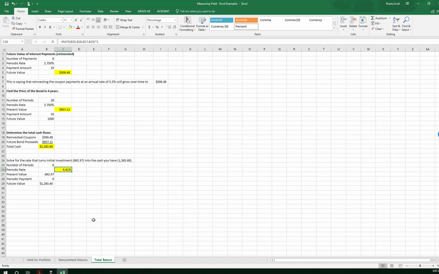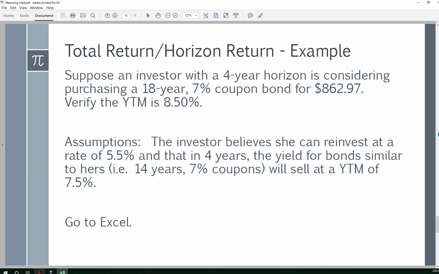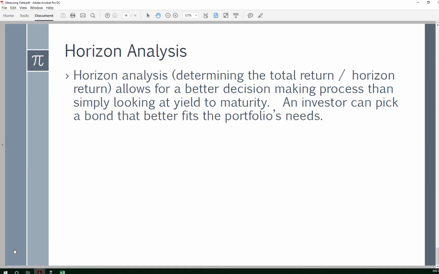So we've figured out the total return, and let's just wrap up the slideshow here. Horizon analysis, this is very handy for helping us pick bonds that best fit the portfolio's needs. Not all bonds that have similar yield to maturities will have the same total return, depending on our reinvestment assumptions and our holding periods.